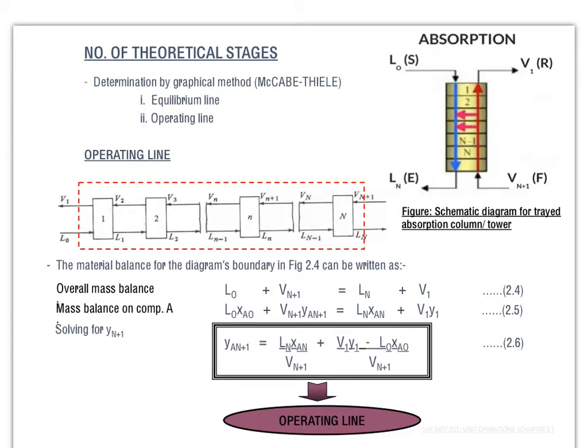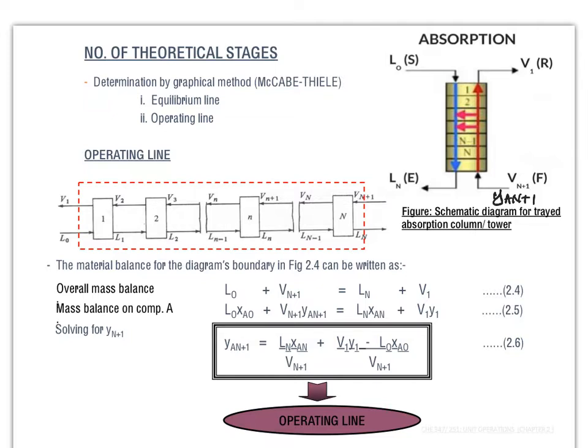To draw the operating line, we need to have two coordinates. The value that we need to determine the coordinate is the y value from the feed gas, which is y(an) plus 1.